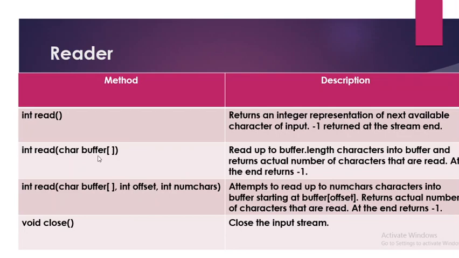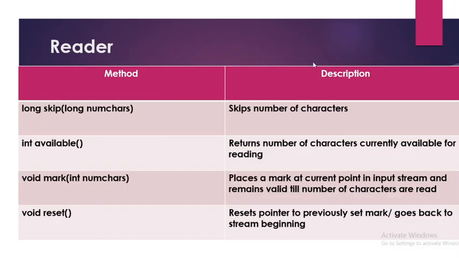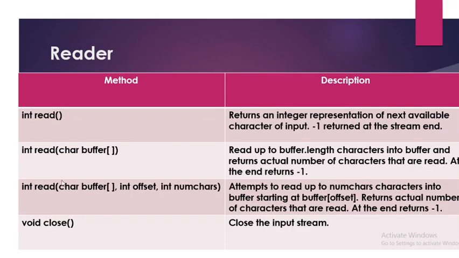It may happen that the length of this array is, suppose, 10, but actually only 4 characters are available. 4 characters are filled up in this array, the remaining are blank. So even though the size is 10 at maximum, as only 4 characters are available, only 4 characters will get read.